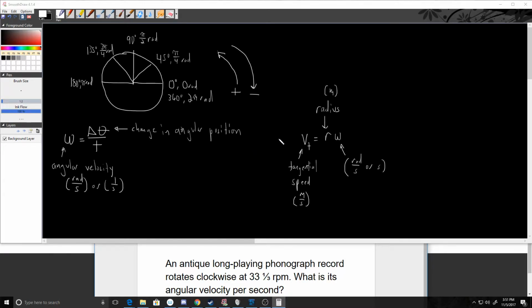To briefly explain what a tangent is, let's say we're rotating this way. Let's say it's a ball on a string. As we're spinning it around, in this case in the clockwise motion, that's negative.